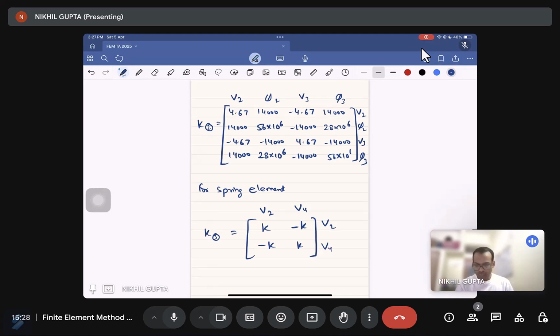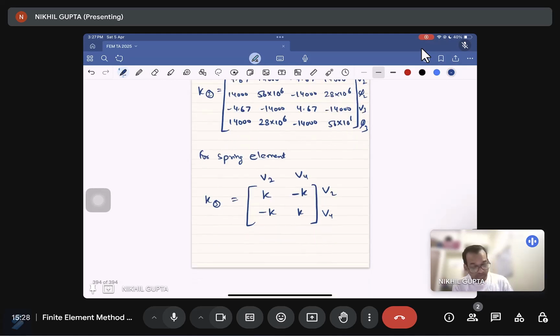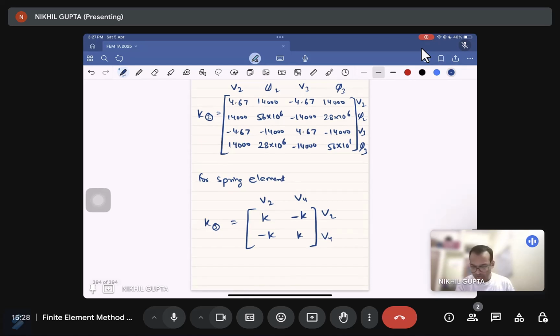I don't need to particularly show you the degrees of freedom, you all know about that. So when you give the values of K, you will get 10 power minus 2, minus 10 power minus 2, minus 10 power minus 2 and 10 power minus 2. This will be V2 V4 V2 V4.